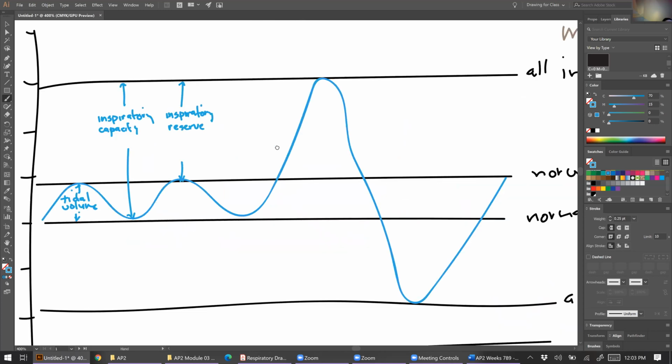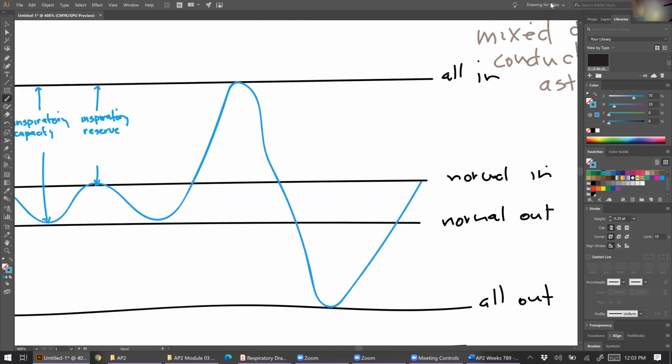How much air can you breathe completely? So you take a breath all the way in and then breathe all the way out. So the total amount of air that you can move is your vital capacity. Vital means life, like your vital signs. And then let's do the same down here.